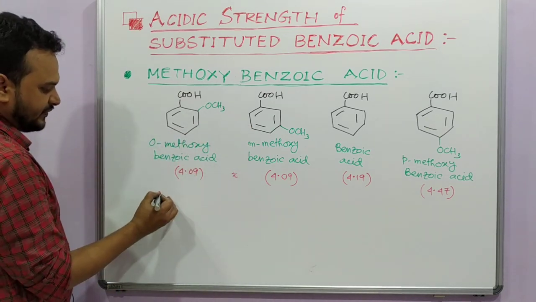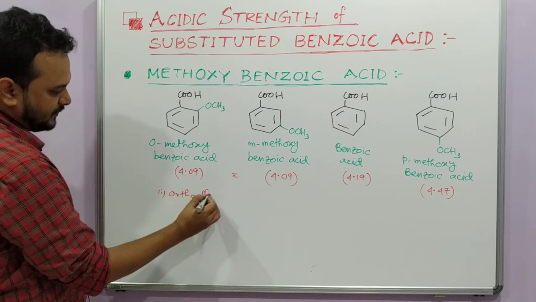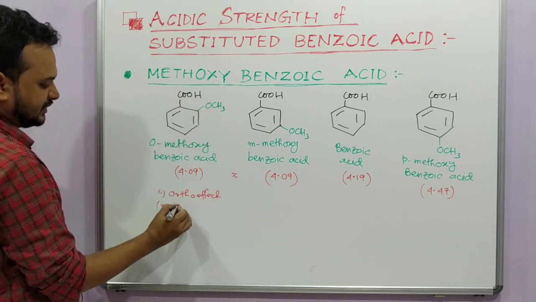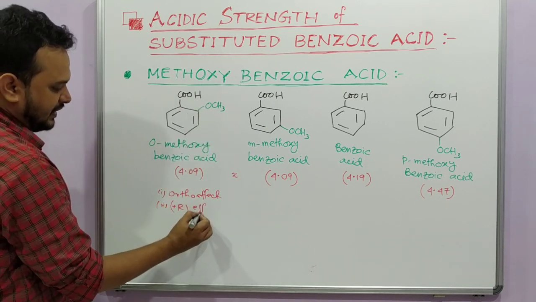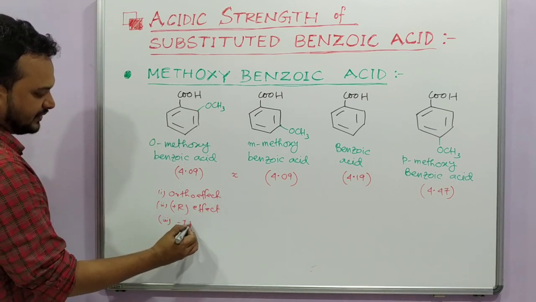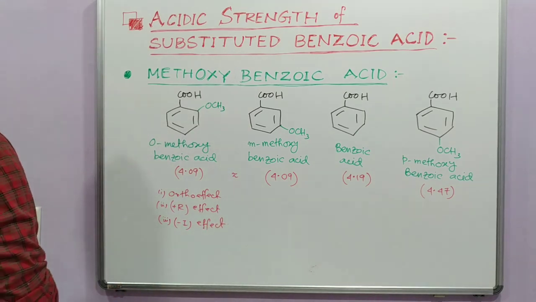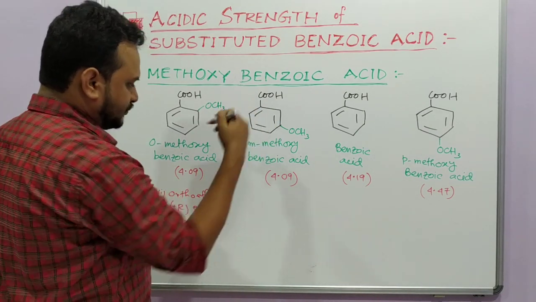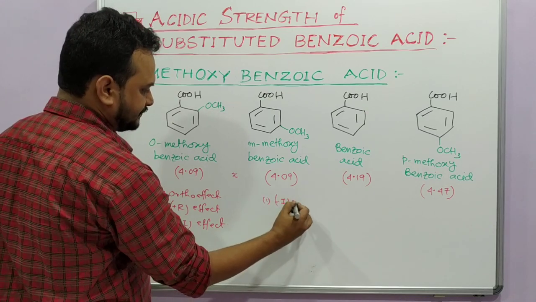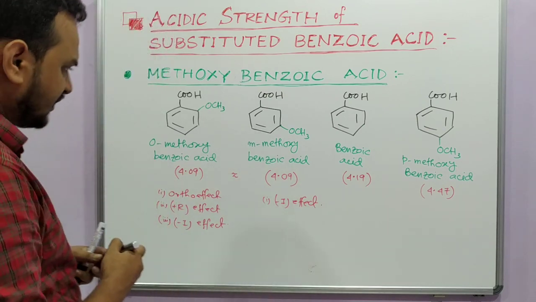So here the effects are ortho effect, then since it is at ortho position having lone pair, it will show plus R effect, and because oxygen is highly electronegative, it will show minus I effect. And for this one only minus I effect, because from meta position it cannot show the resonance effect.